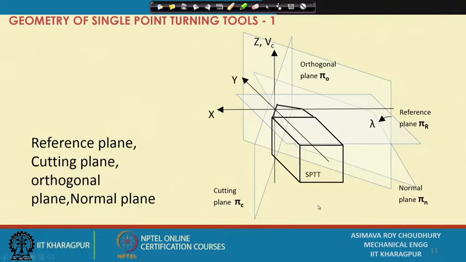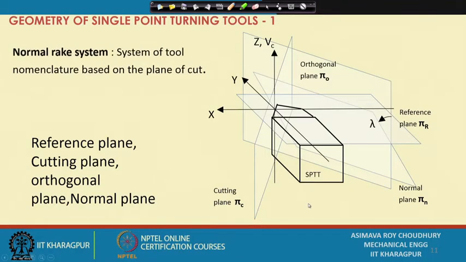Previous to that, I would just touch on yet another reference system, which is called the normal rake reference system. As you can see here, there is another plane defined, in addition to the basic reference plane, called the normal plane.